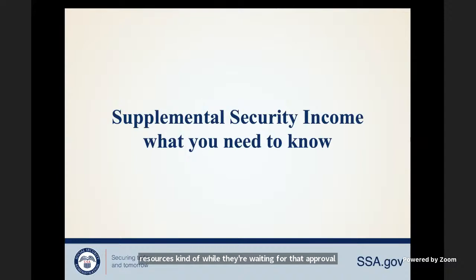As far as Social Security, we don't pay anything until that disability decision is made. If it's a terminal case, we will pay SSI right away if they qualify for it while we finish up the case. But everyone should turn to their states. In New Mexico, it's called the Income Support Division. It's called different things in different states. It's your state office that provides you Medicaid or food stamps.